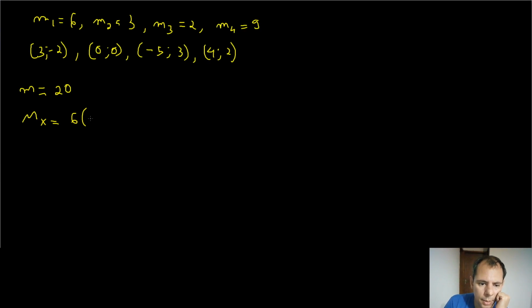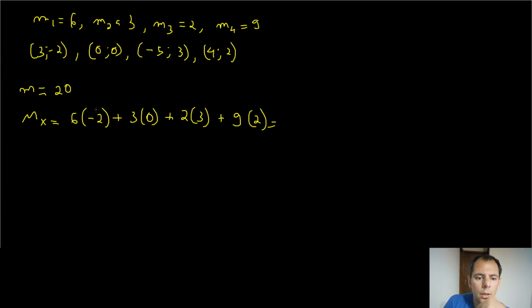So 6 times minus 2 plus 3 times 0 plus 2 times 3 plus 9 times 2. So this is going to be minus 12 plus 6, minus 6. Minus 6 plus 18 will be 12.